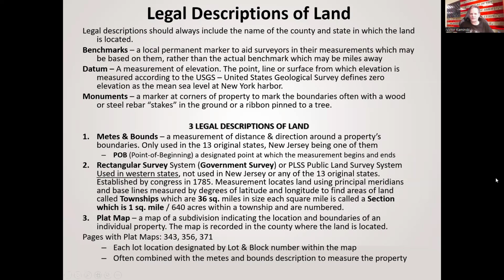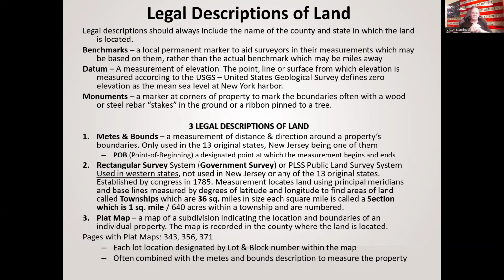Now you could snap a picture of this. This would be the final one, which now we also add a plat map. A plat is a map of a subdivision indicating the location and boundaries of an individual property. The map is recorded in the county where the land is located.